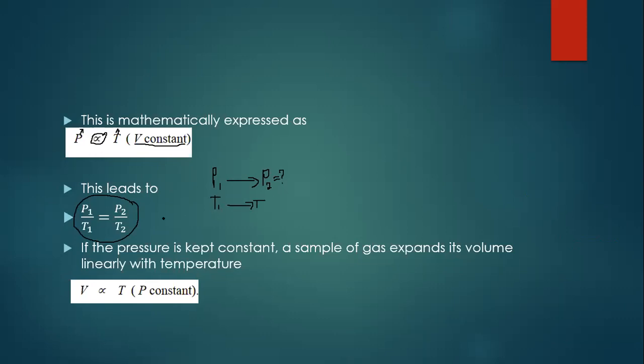So you can use this relationship to help you know any unknown in this sequence by understanding that pressure and temperature are related to each other like that. So pressure 1 over temperature 1 should be equal to any pressure over any temperature at any point in time, given that the volume has been fixed.